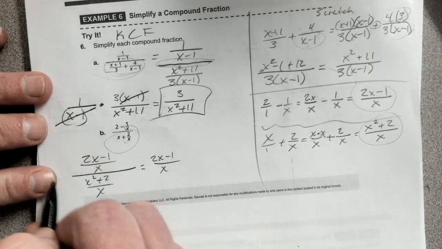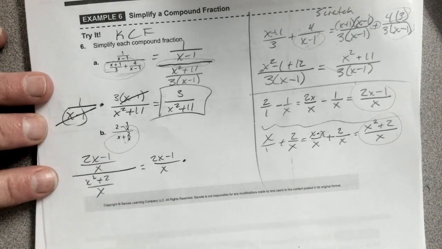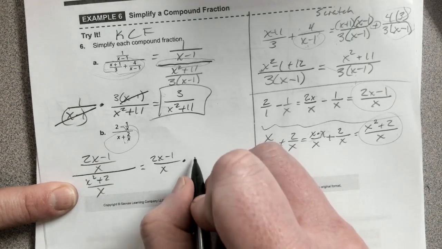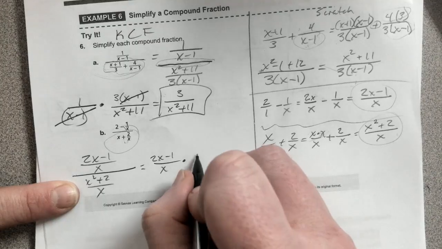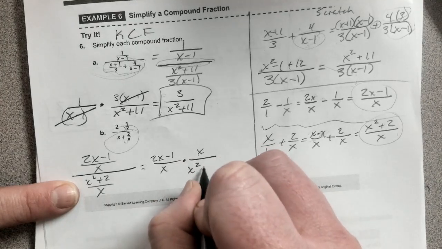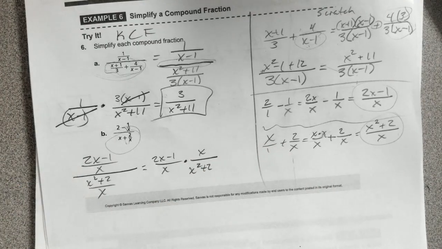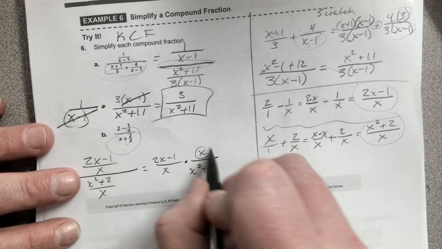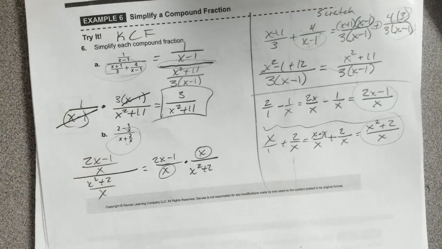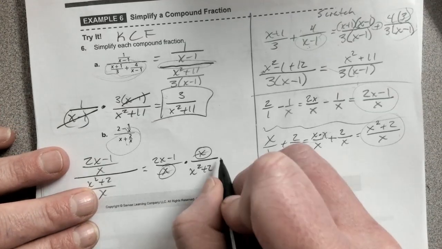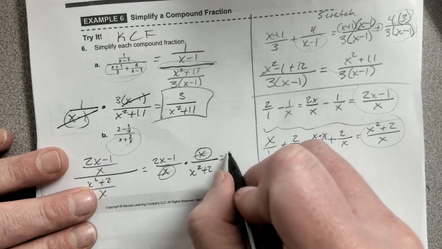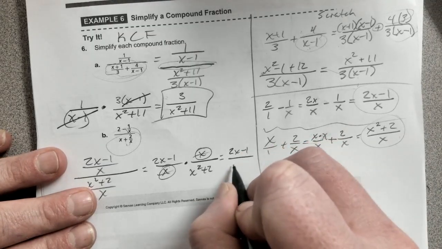We change from division to multiplication. We flip. X squared plus 2 over x becomes x over x squared plus 2. I want to say we can cancel the x's. Yes, be confident in that. Anything from the numerator that matches exactly with something from the denominator, them x's are gone. And we're left with 2x minus 1 over x squared.